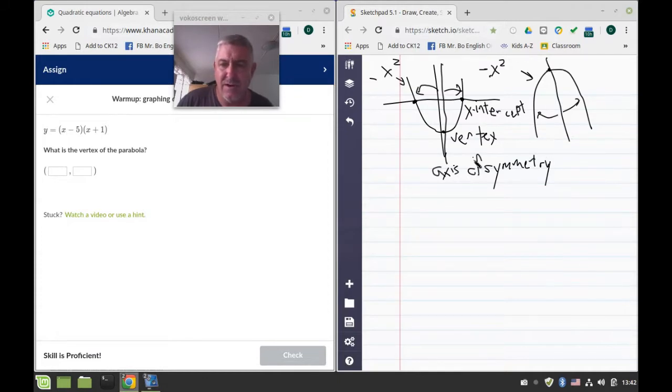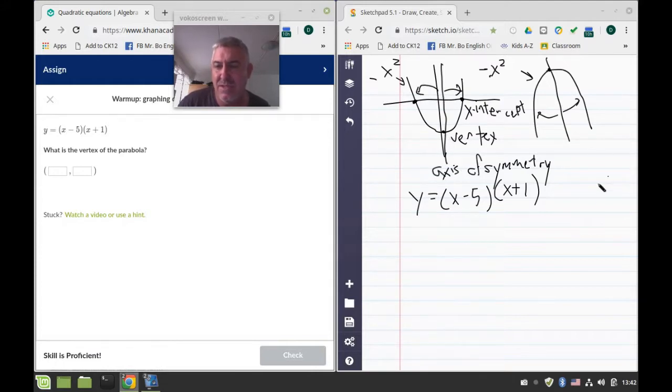So let's look at our first problem here. Our first problem is y equals x minus 5 times x plus 1. The first thing it asks us to find is the vertex. In order to find the vertex, we need to figure out where that axis of symmetry is, and then find the y for that.